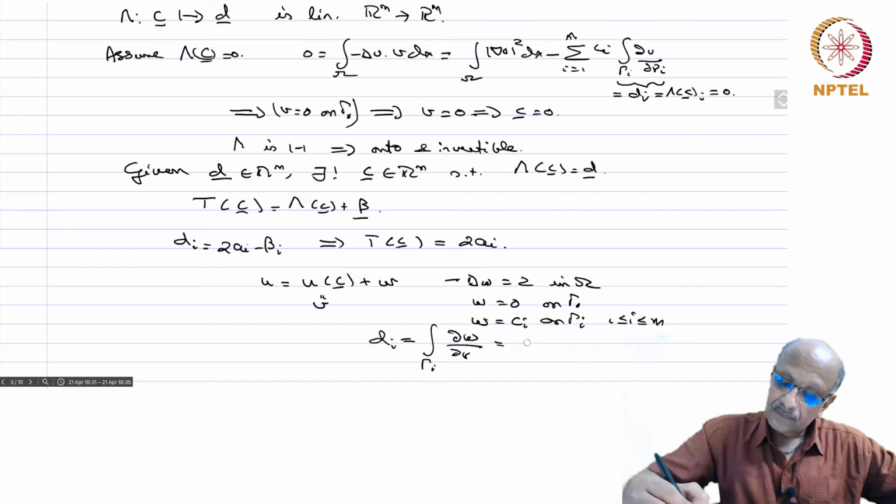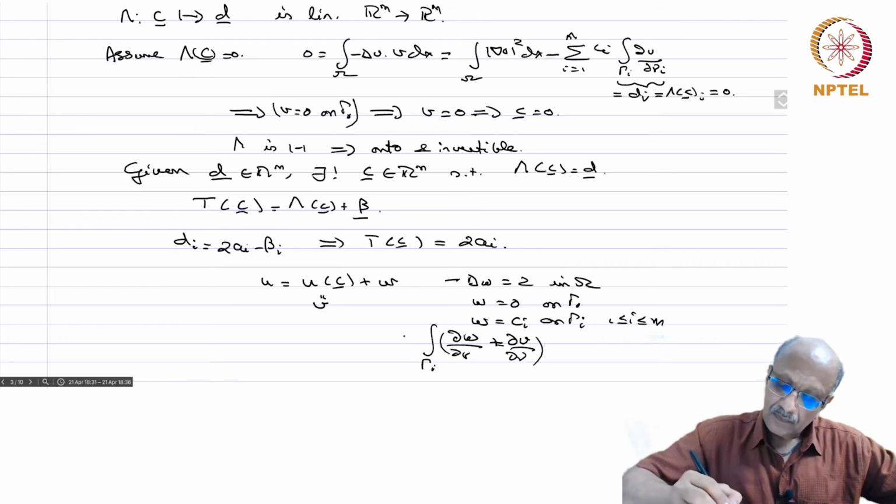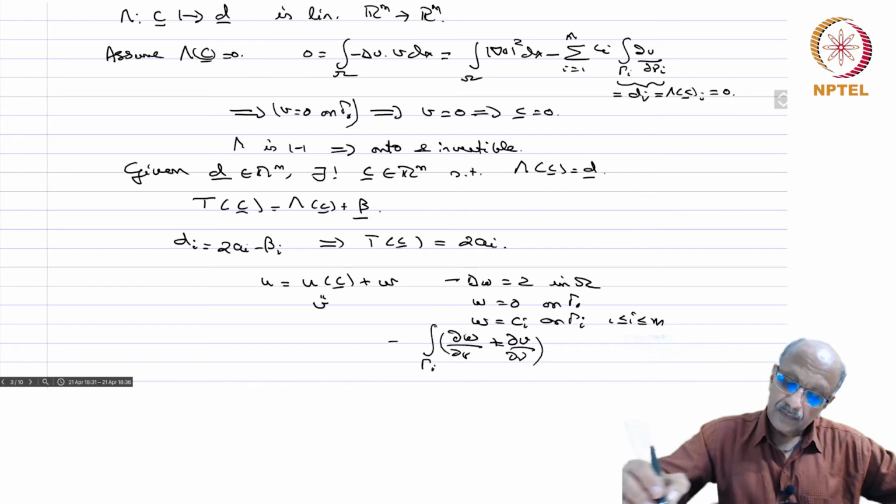Sorry, dw by d nu plus dv by d nu, this is equal to u.